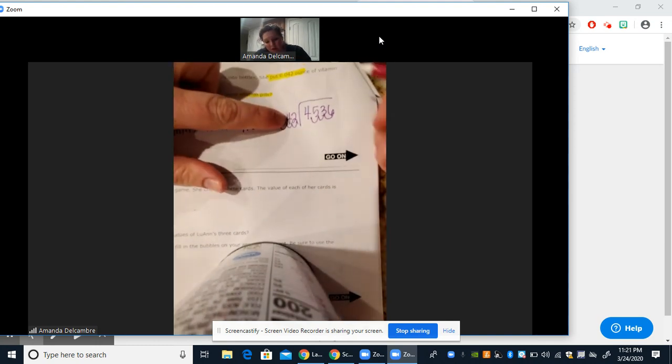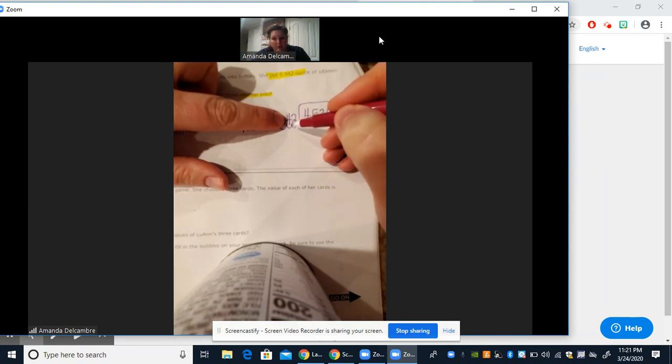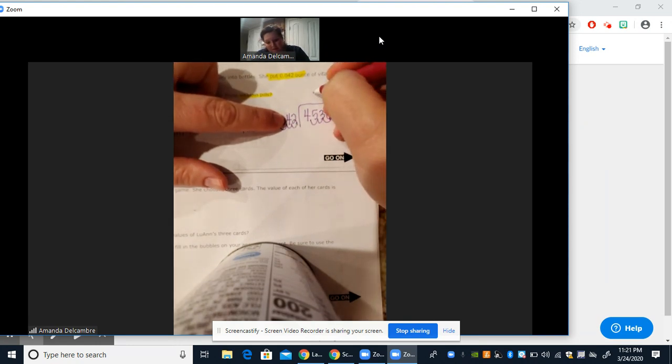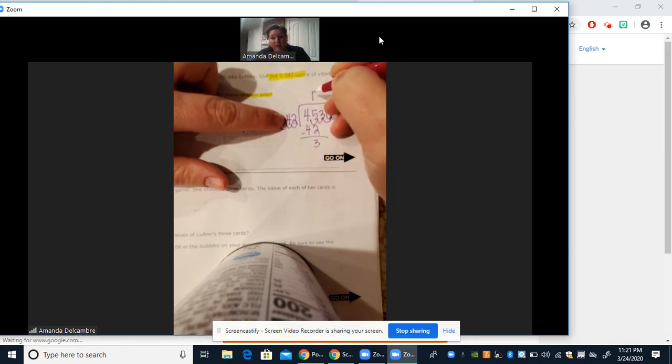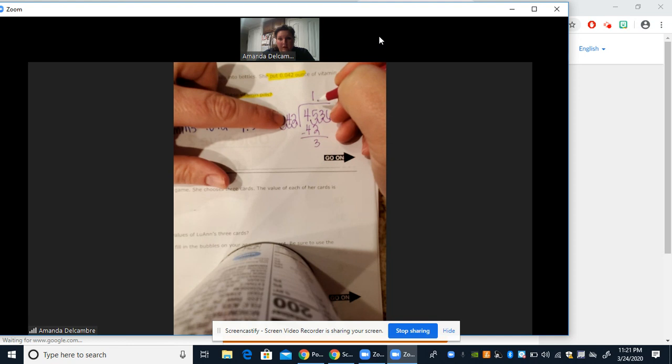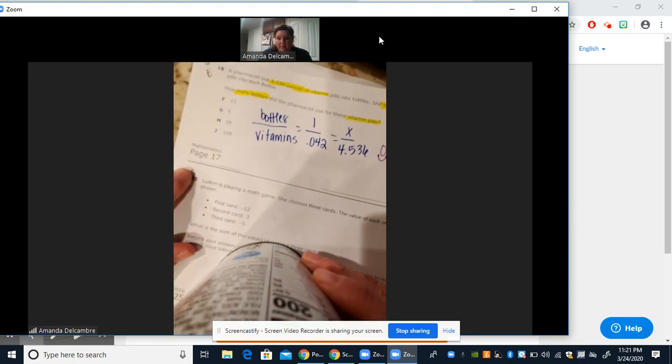And then I get 42 and 4,536. So 42 can go into 45. Well, that's easy, 1 time. Which gives me 3 left over. So I know my answer is going to start with a 1. So if I come over to my answer choices, I can look and see that I can eliminate one answer choice, which would be G.